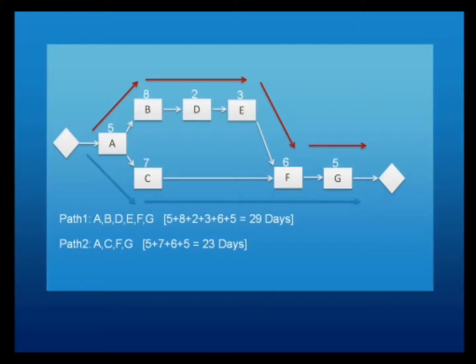So based on that definition, the longest path we have is path number 1, which has a duration of 29 days, and that is the critical path of your project, which means that is how long your project will take, which is 29 days. And the activities on this path are called the critical activities.